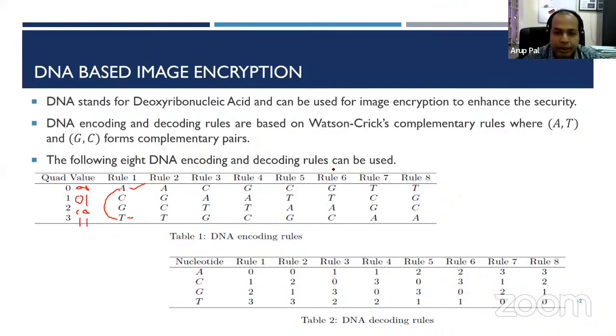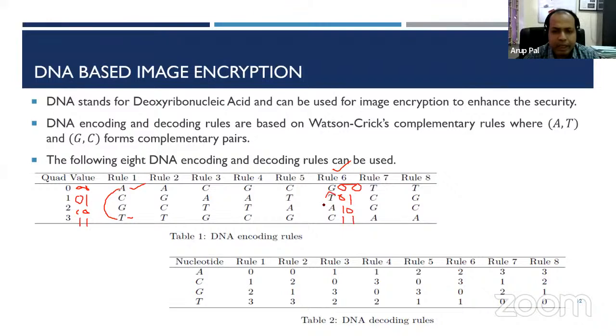Suppose you are considering rule 6. So in rule 6, what happens? Now G will be represented by 00, A by 11, C by 01, and T by 10.